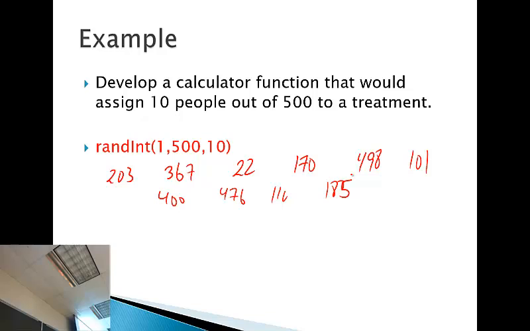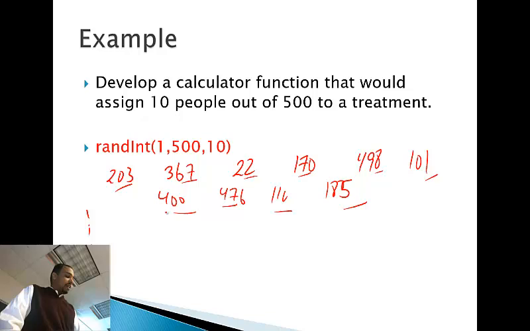So the way it works is you have your numbers 1 down to 500, and these are the people that you would administer some treatment to. You don't necessarily need to write down her numbers, but you can write down your numbers and everyone's happy.